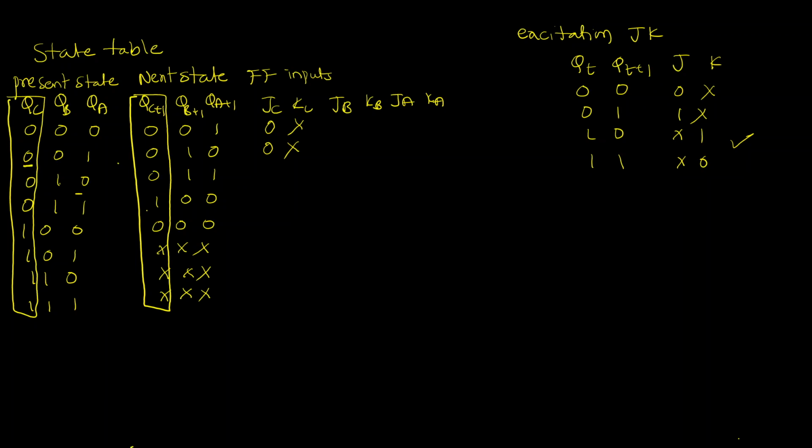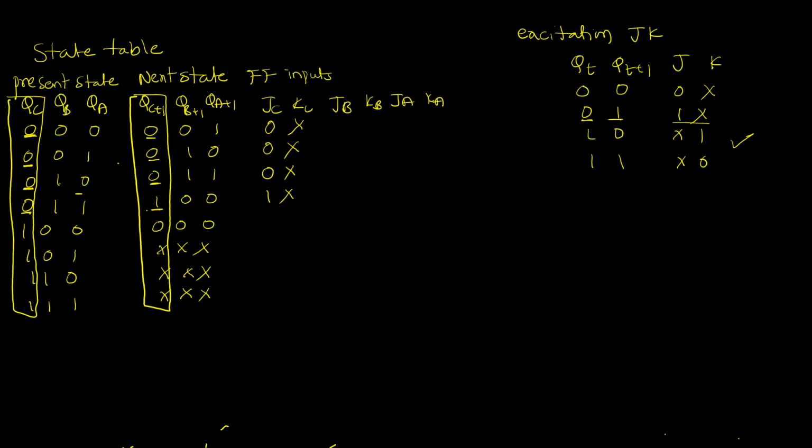Compare this 0 with this 0, this 0 with this 0, this 0 with this 0. So 3 times it is the 0 don't care case. Fourth time, this is 0, this is 1. For 0 1, what is the input required? 1 don't care. So write 1 don't care.